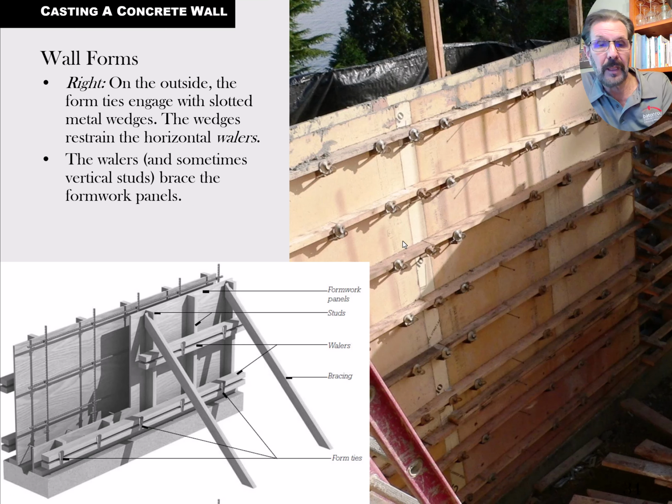Okay, here's some forms, showing you exactly what we were looking at basically here. All these little wedge pieces that are holding all these whalers in place and the form ties, and you can strip them. Now, some form systems have a male threaded piece that goes in the wall that'll be poured into the concrete, and then some female threaded pieces that go on the outside.